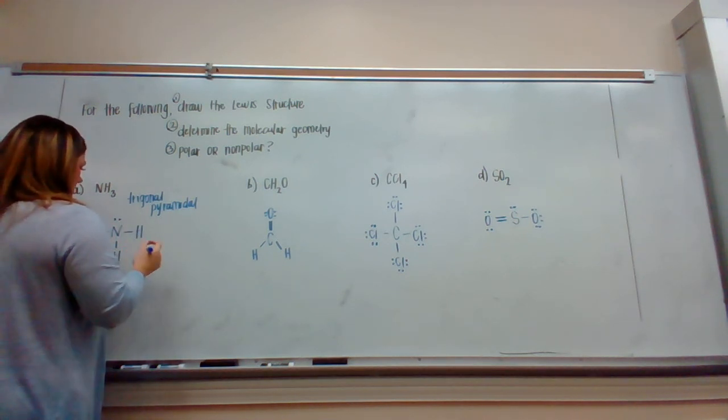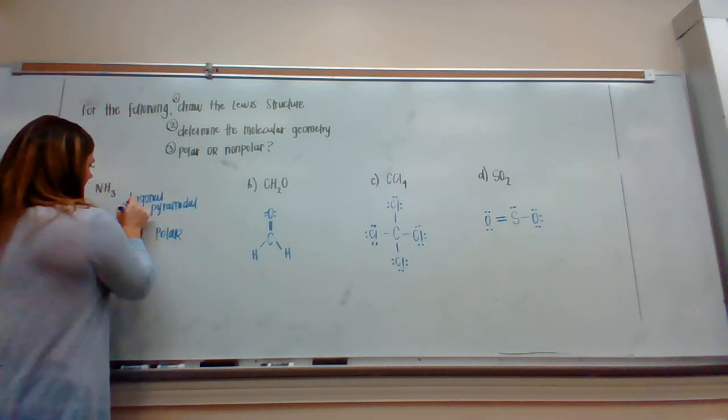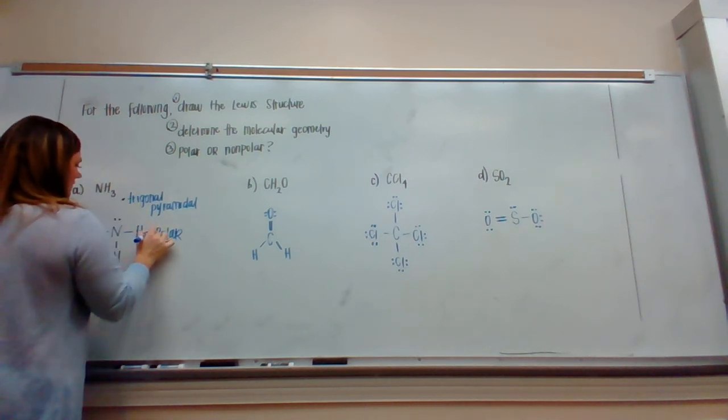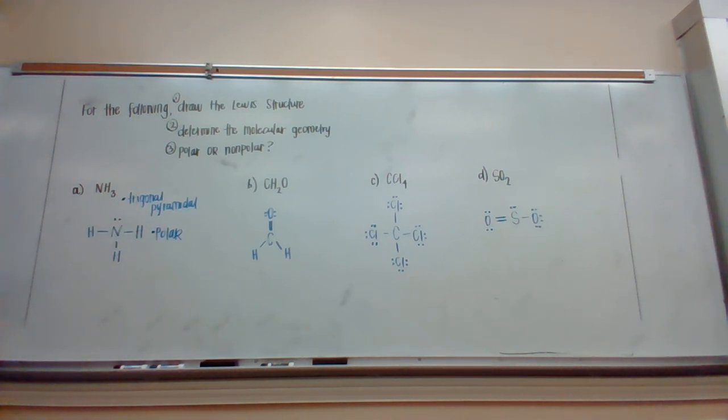It is because of the lone pair, and if you have equivalent bonds, which we do, by equivalent I mean they're all hydrogen to nitrogen single bonds, and you have trigonal pyramidal geometry, it's always polar.